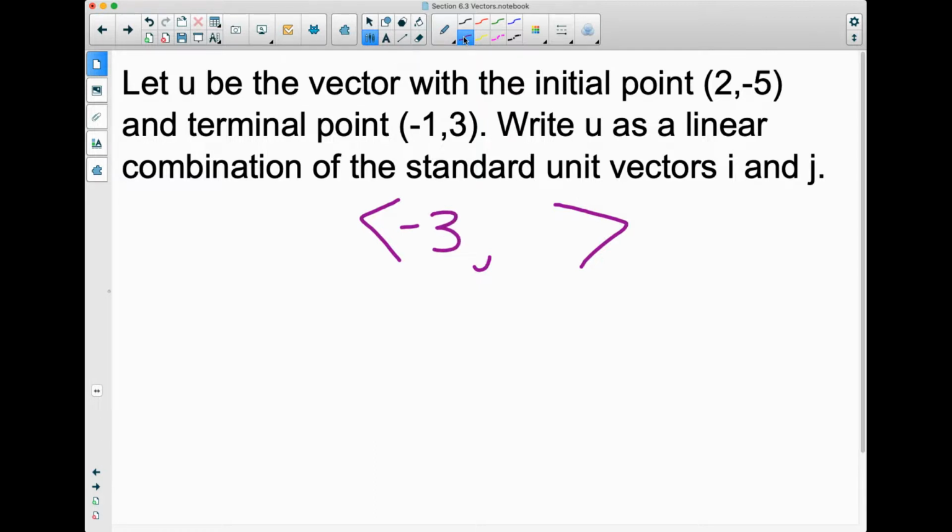And 3 minus -5 gets me 8. That's the component form of a vector. Linear combination: -3i plus 8j. Done.